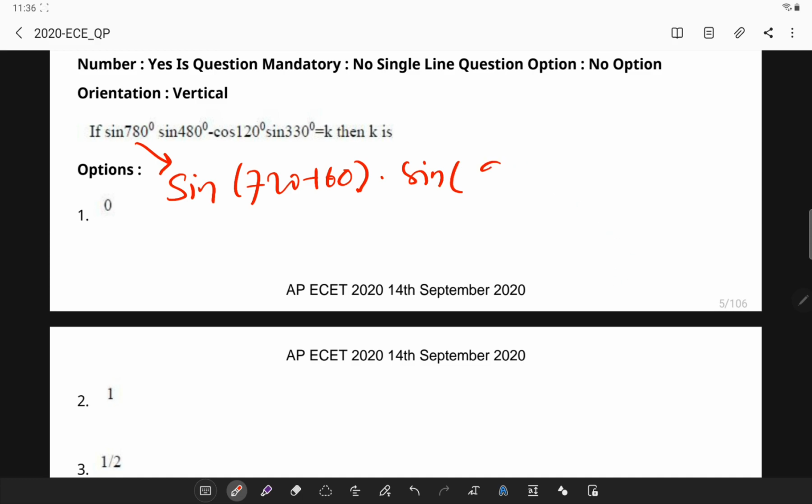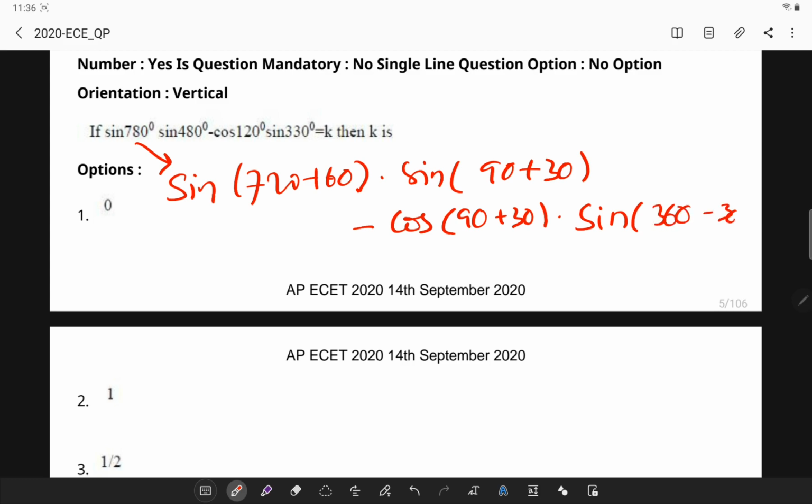Also I can directly simplify it: sine of 780 as sine of 720 plus 60, cos 120 as cos of (90 plus 30), and sine 330 as sine of (360 minus 30).